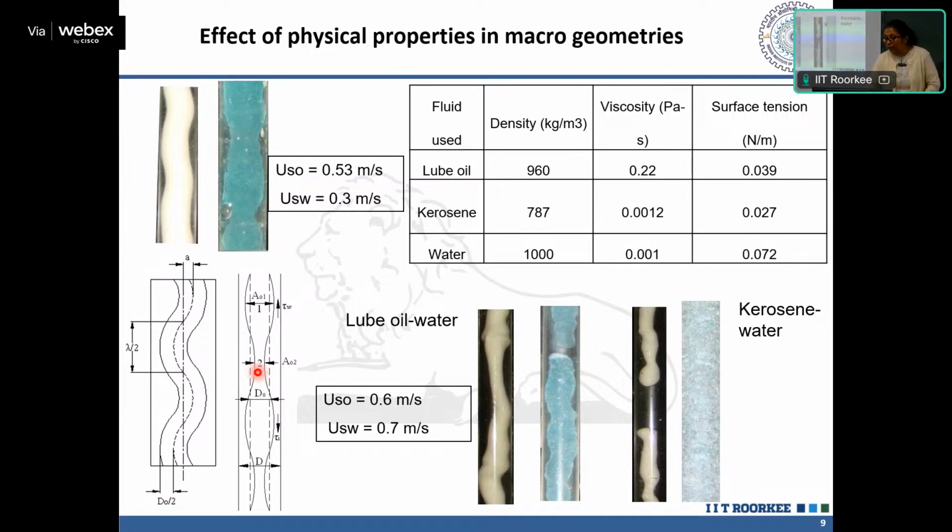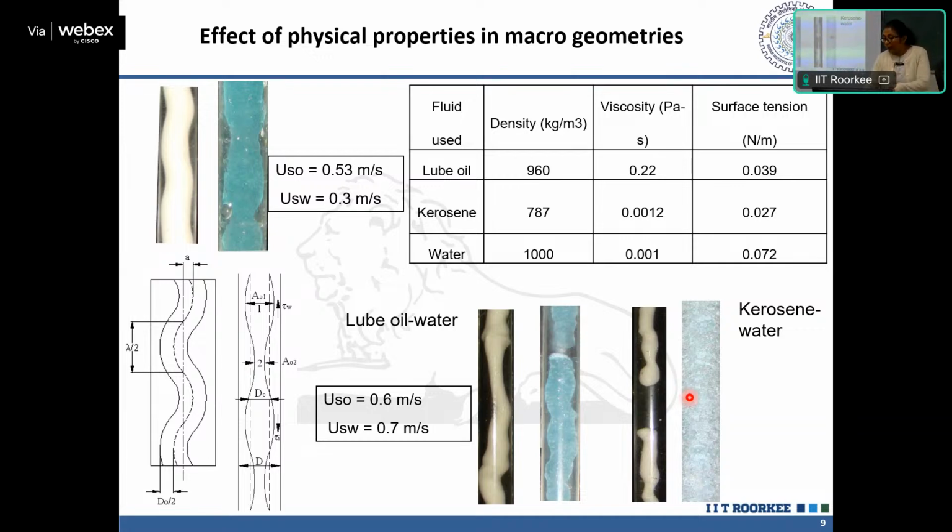So the effect of interfacial tension can be seen over here: kerosene has much lower interfacial tension. Okay, kerosene-water interfacial tension is much lower than the interfacial tension of lube oil and water.